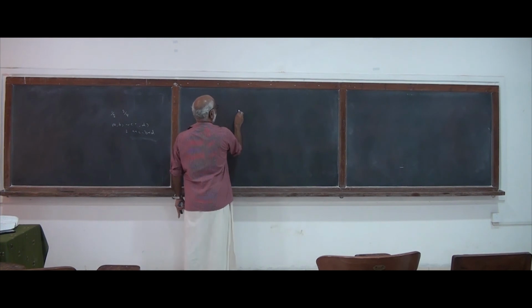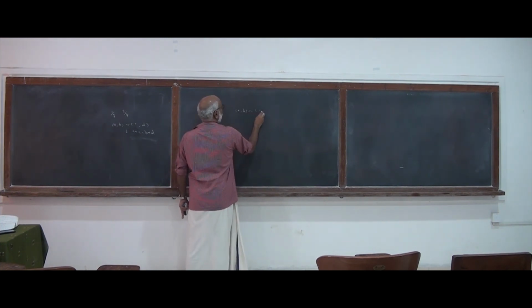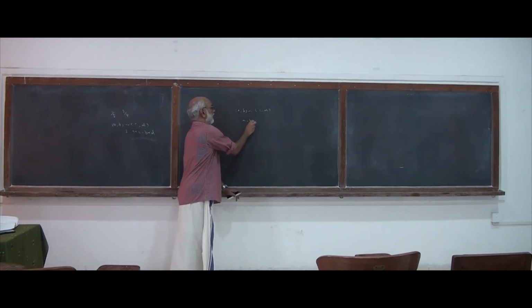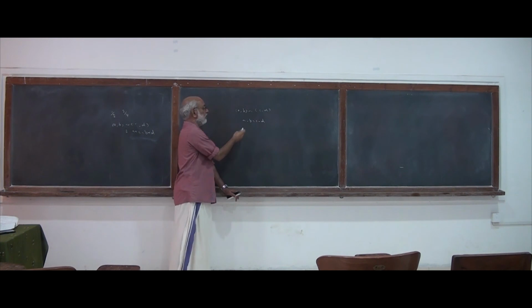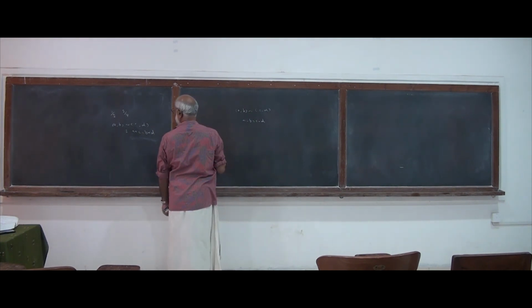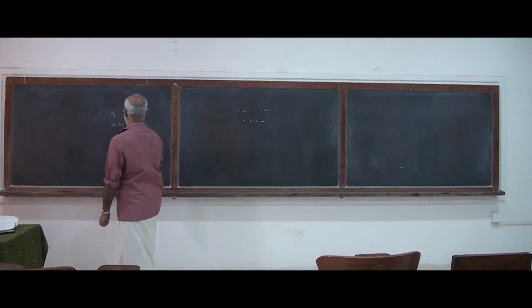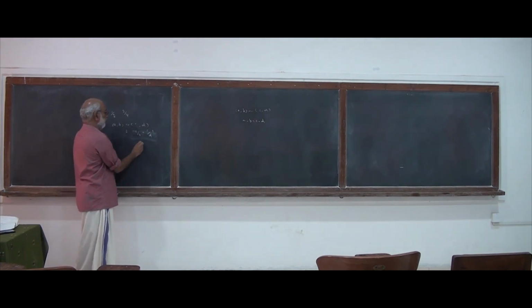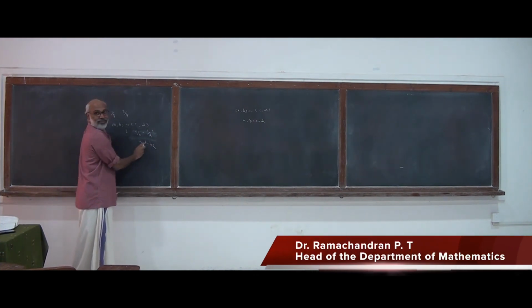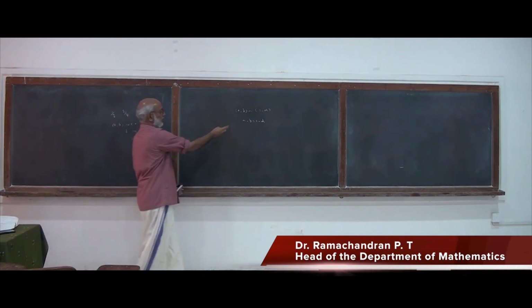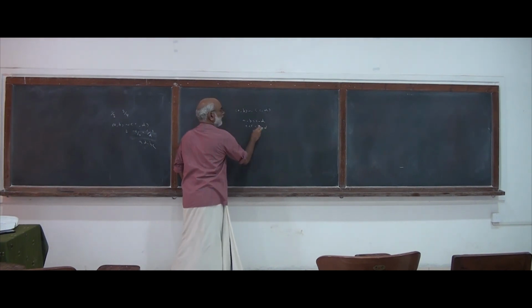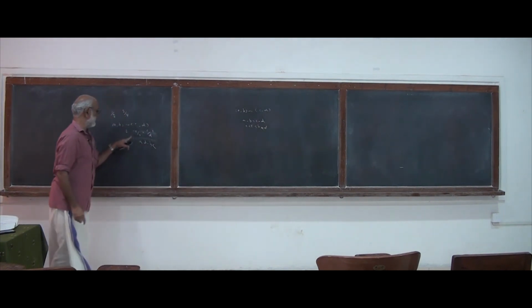That is, (A, B) is related to (C, D) if A minus B is the same as C minus D. Here, for rationals, the idea is that A by B is the same as C by D, so that is to be written as AD is equal to BC. This was a mistake on my part earlier; it should have been corrected.